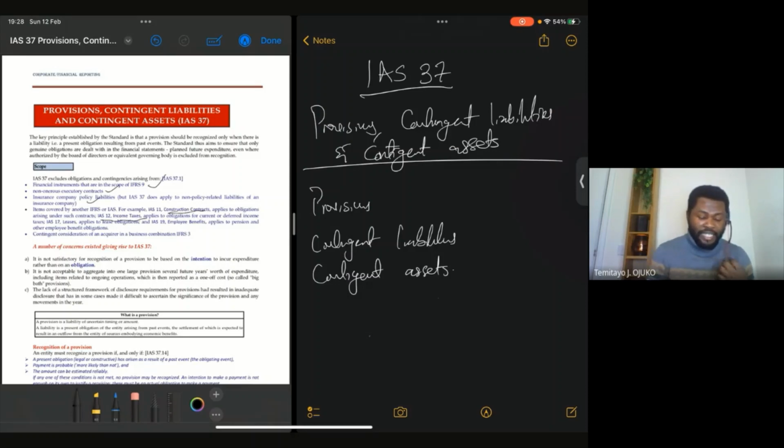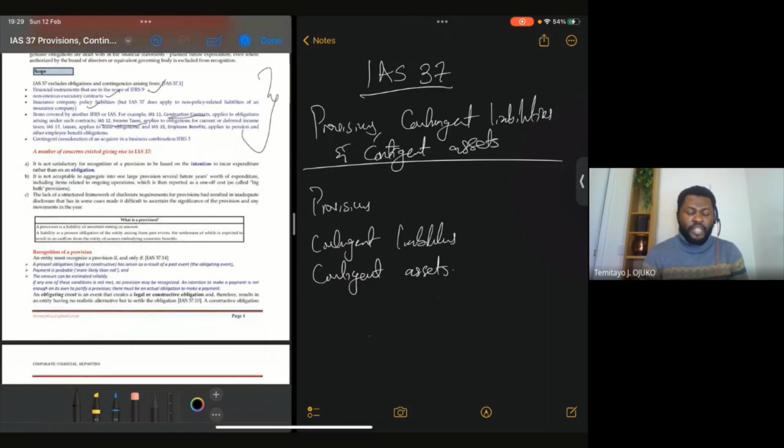Then IFRS 16 leases applies to lease obligation, and IAS 19 employee benefit applies to pension or other employee benefit obligation. Then lastly, contingent consideration of an acquirer in a business combination under IFRS 3. These are the types of provision that is excluded from IS 37. Kindly note this.